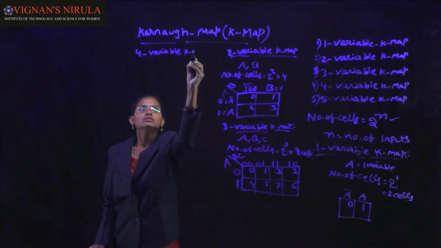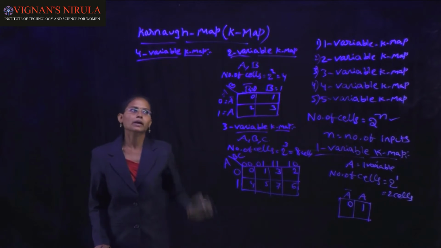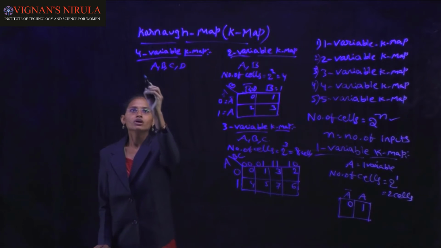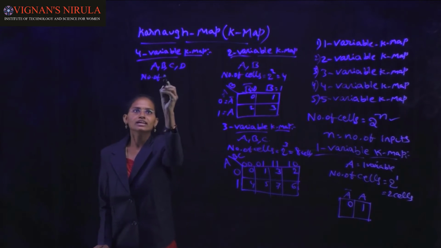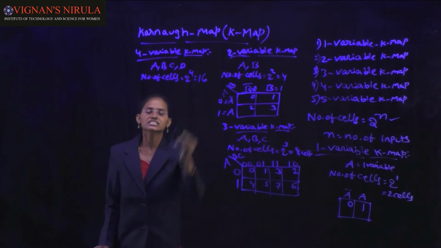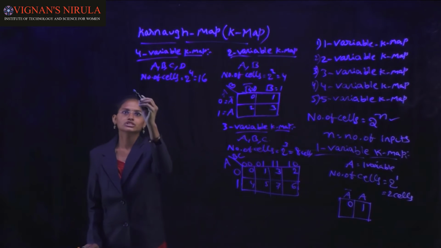In the 4-variable K-map, the input variables are A, B, C, D. So find out the number of cells. Number of cells is equal to 2 power of 4, that is 16 cells. So we draw the 16 cell K-map structure.